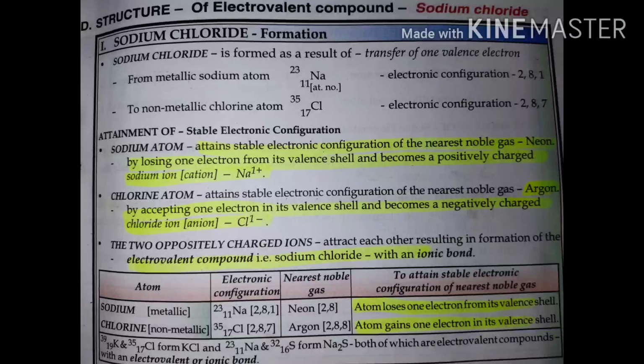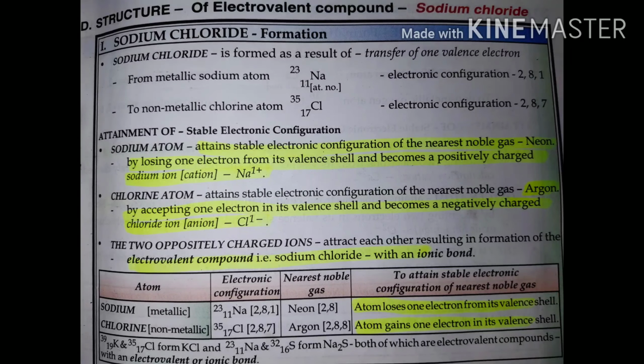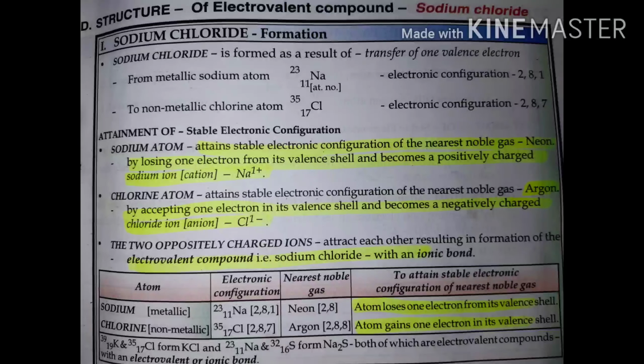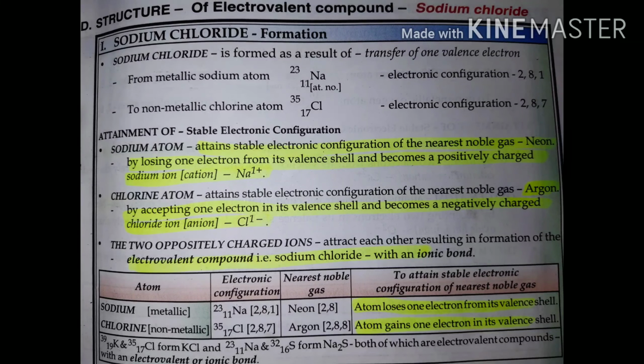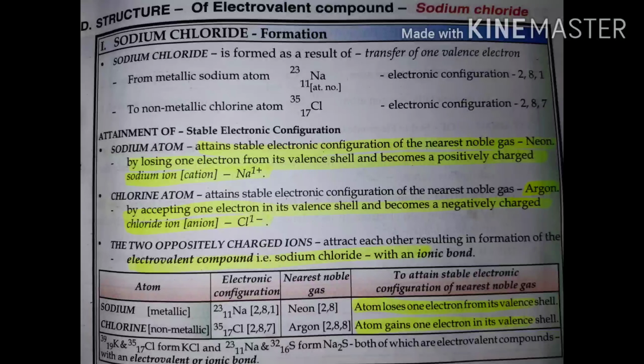And now we all know that oppositely charged particles attract each other, and therefore Na+ and Cl- attract each other to form sodium chloride. This is the first example of ionic bond.